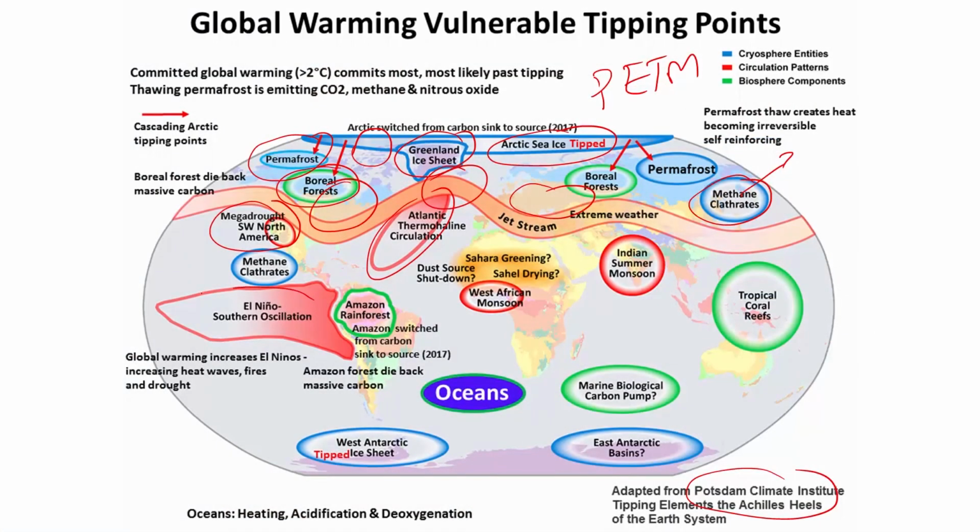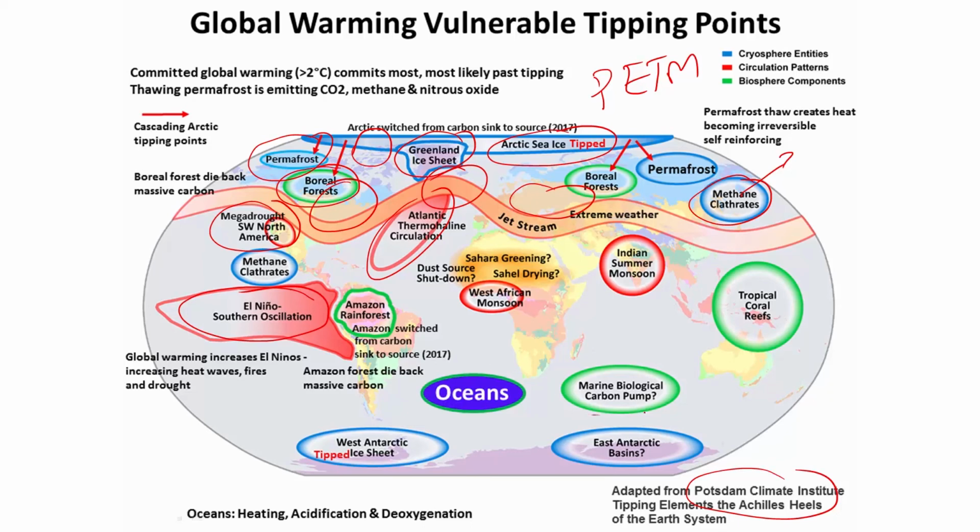We have no idea how El Nino Southern Oscillation will respond to global warming, but it could go into a permanent El Nino state or a permanent La Nina state. If so, what will be the consequences? So right now there is some evidence that global warming increases the El Ninos and related heat waves, fires and droughts. Amazon rainforest remains a concern.